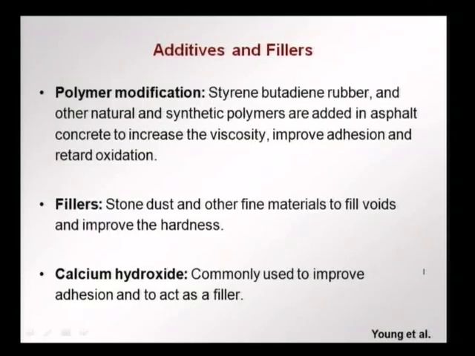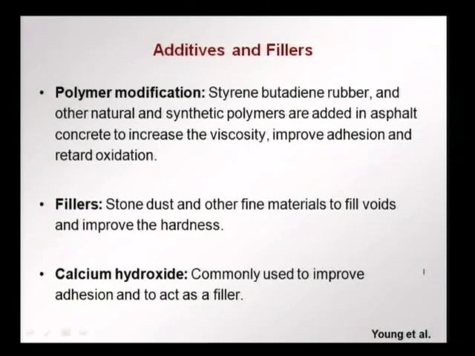What is becoming very common, and is already common in many countries, is polymer modification, where we have polymers such as styrene, butadiene, latex, rubber and other natural and synthetic polymers added in asphalt concrete to increase the viscosity, improve the adhesion and retard oxidation. So, the addition of these polymers first of all makes the viscosity higher, that is, it makes the concrete more sticky.